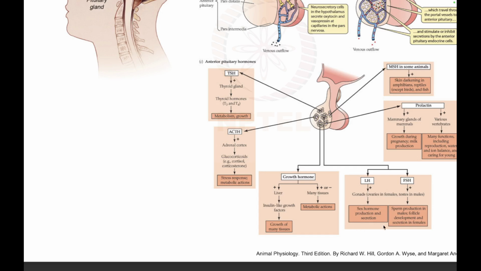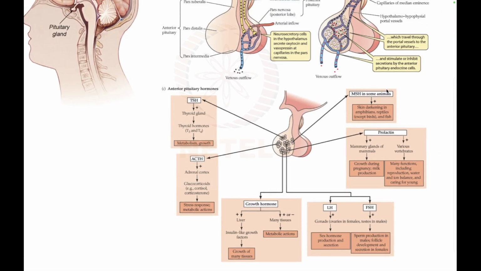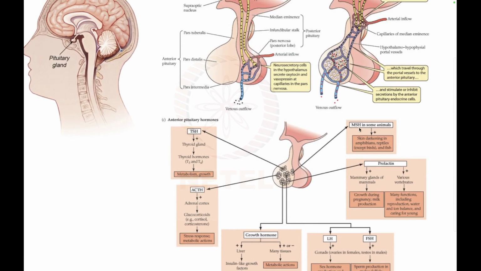So it has a role in sex hormone production and secretion, and sperm production in males, follicle development and secretion in females. Okay, here this is MSH in some animals, and it has a function in skin darkening in amphibians and reptiles, except birds and fish, and prolactin also, which has positive impacts on mammary glands in mammals and various vertebrates.